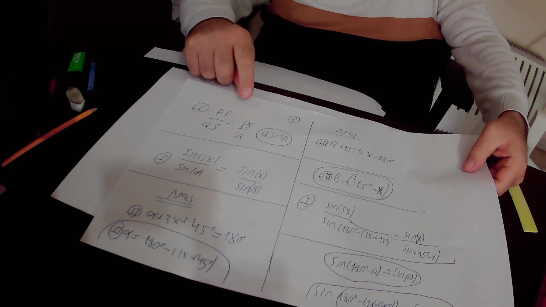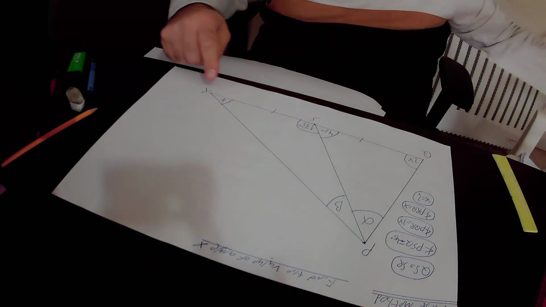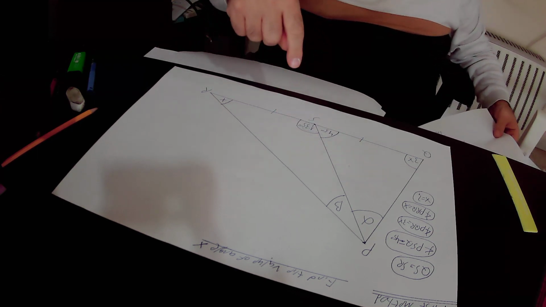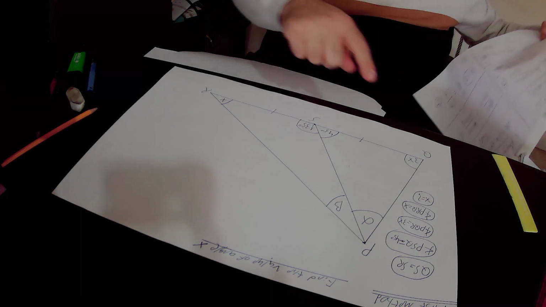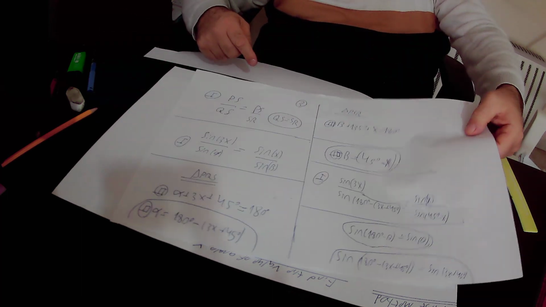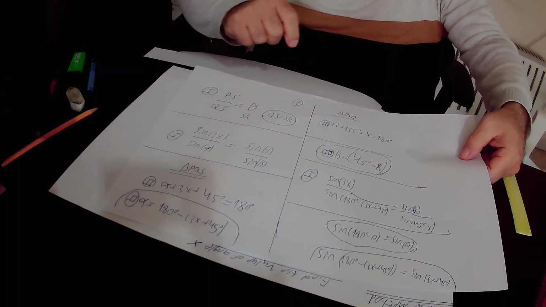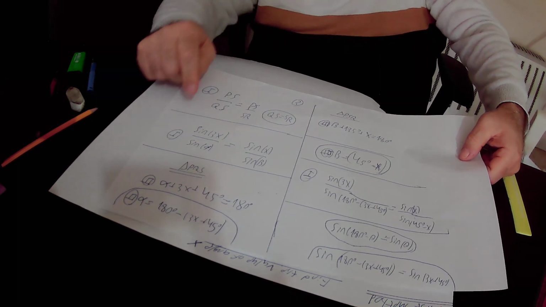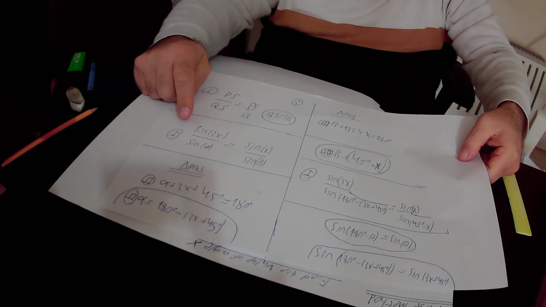And if you focus on triangle PSR, then the ratio of PS over SR must be equal to sine x over sine beta. So we got equation number 1, that sine 3x over sine alpha equals sine x over sine beta.